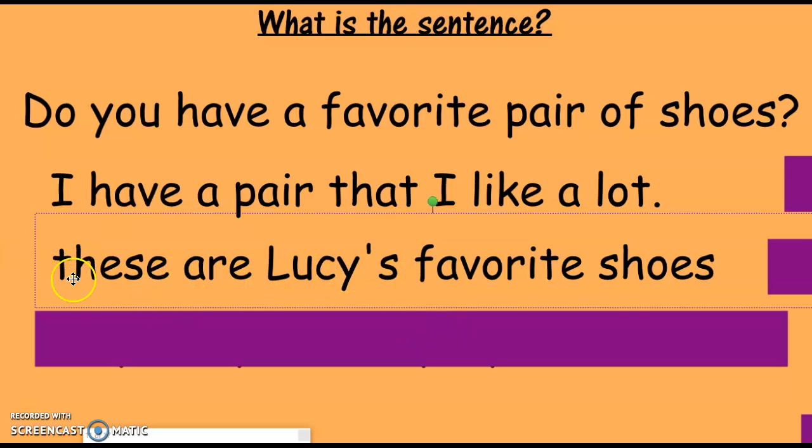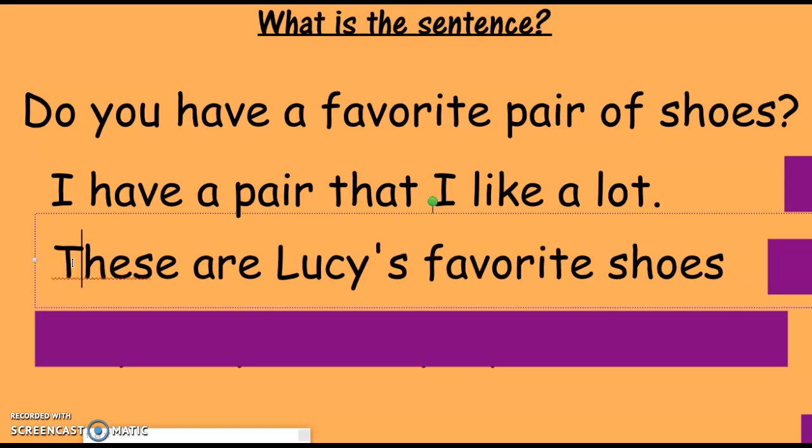Okay, so if I come to the very beginning of my sentence, I know I need a capital T. And if I go to the end of my sentence, I need punctuation. These are Lucy's favorite shoes. I'm going to put a period there. It's not something that I want to be super excited about with an exclamation point, but I'm just letting you know these are Lucy's favorite shoes. All right, let's go to the next one.